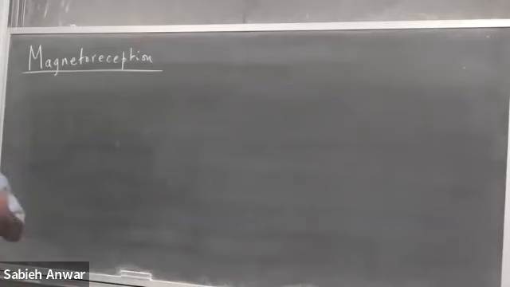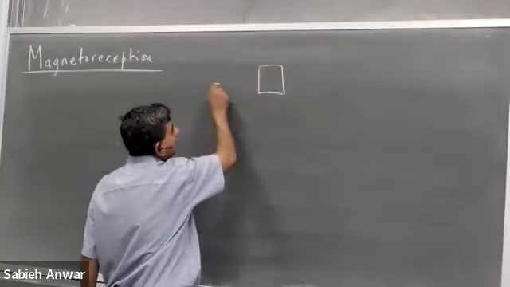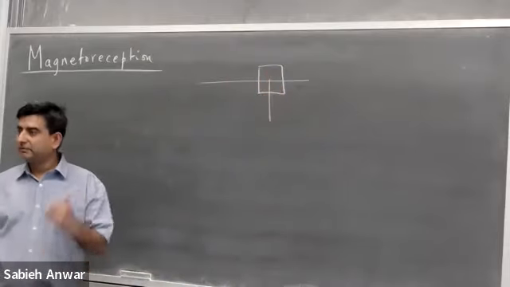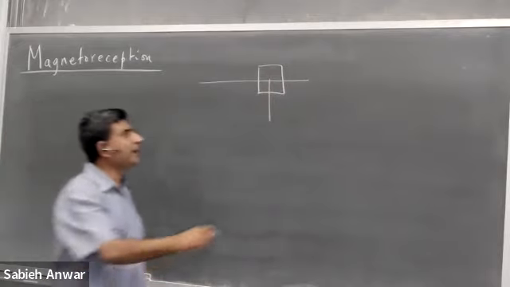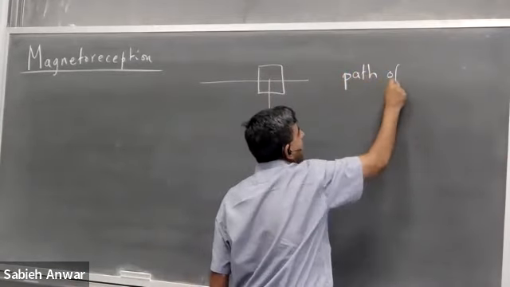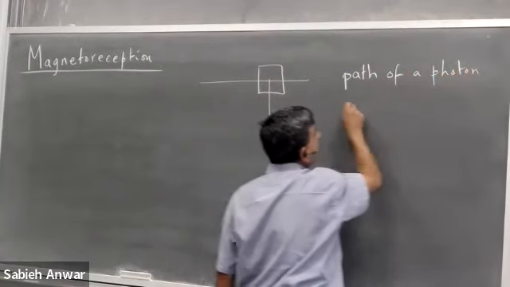The first thing that I would like to mention is that, remember that in the previous lecture, we talked about a photon taking two possible paths through a beam splitter. So here we are using the path of a photon as our quantum variable.